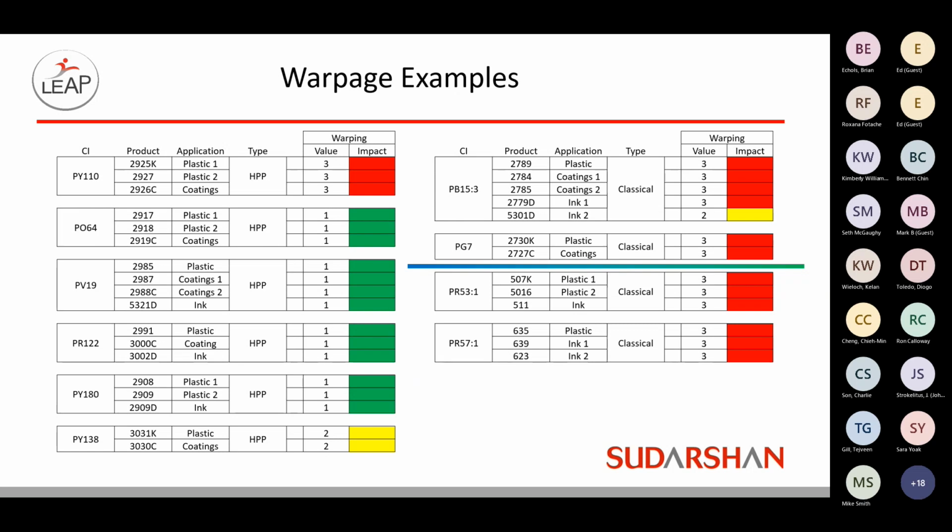Over on the classical side, here's an example where that in-between grouping of blues and greens tend to act more like the classical pigments, in that for this particular property the blues and greens in this study are not appropriate. And of course, the two classical pigment chemistries that we included in the study are also not appropriate.